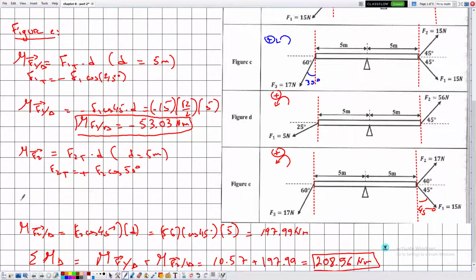Now the moment of the force F2 around the axis delta is equal to plus F2 cosine 45 multiplied by D, which is equal to 17 multiplied by radical 2 over 2 multiplied by 5.